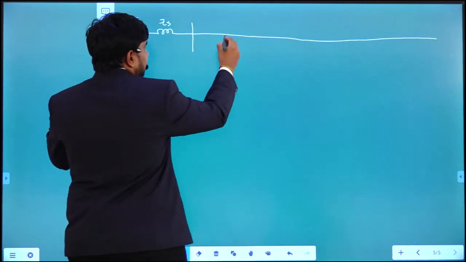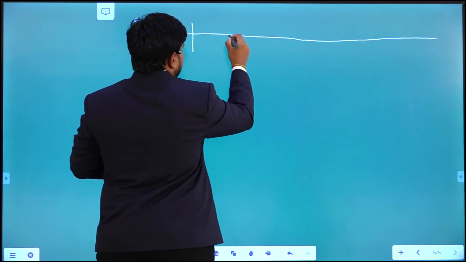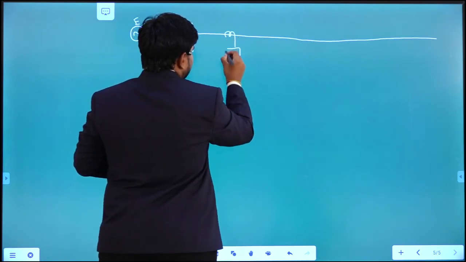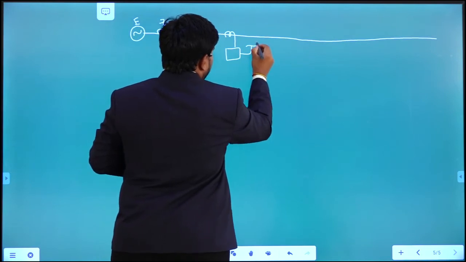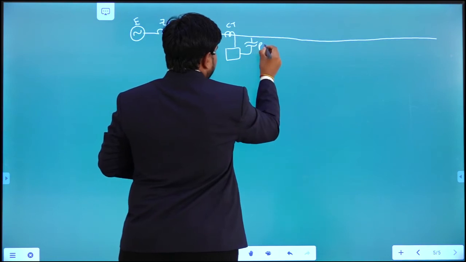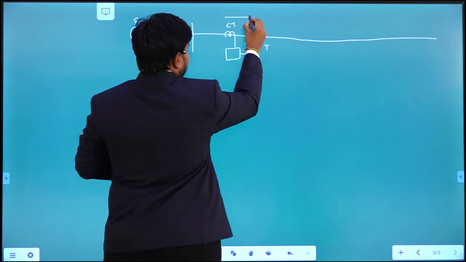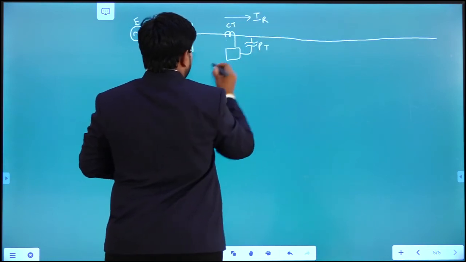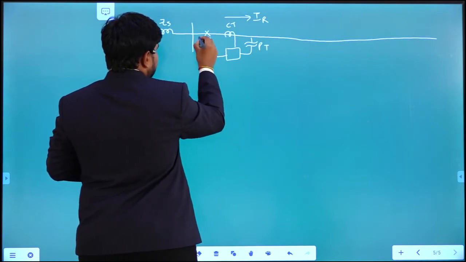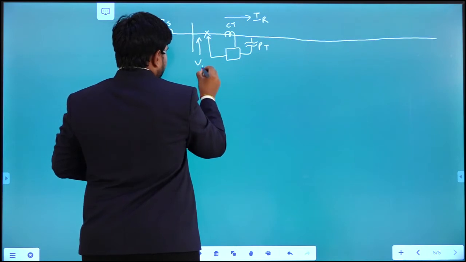Now here we have an impedance relay, which is a combination of CT as well as PT. This is CT, this is PT. The CT will sense the relay current IR, and this PT will sense VR.